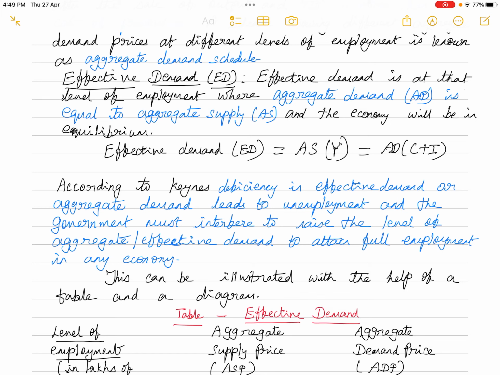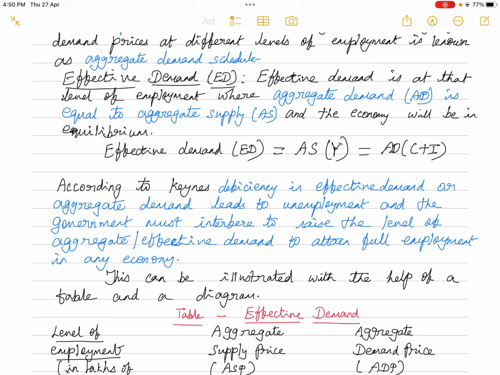So at each level of employment, what I am expecting to receive and what I must receive are different. But at one point, what I must receive and what I expect to receive will match each other. What all the producers must receive, that is the aggregate supply price, will equal what all the producers expect to receive, that is the aggregate demand price.